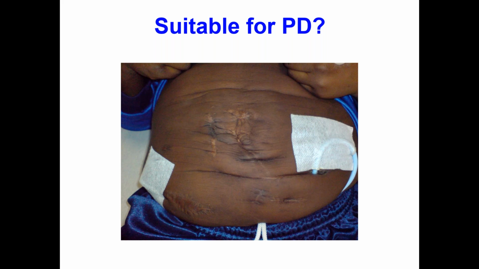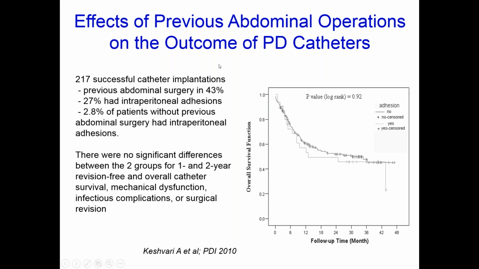Now, there are very few cases in pediatrics, but in the adult literature, there's this very nice paper where they have shown that out of 217 successful catheter implants, 43% of that cohort had previous abdominal surgery. Looking at this Kaplan-Meier graph, you see that there's no difference in the overall catheter survival in those who had previous surgery or did not.